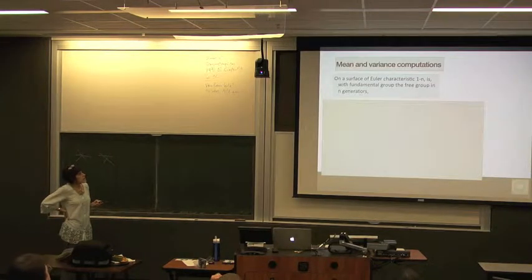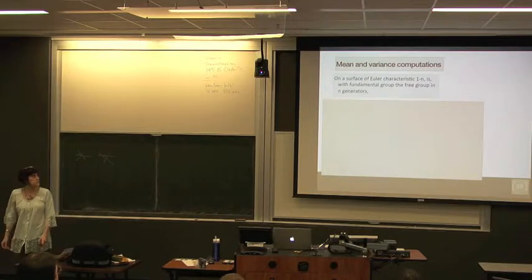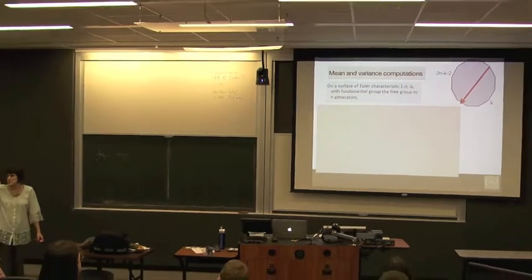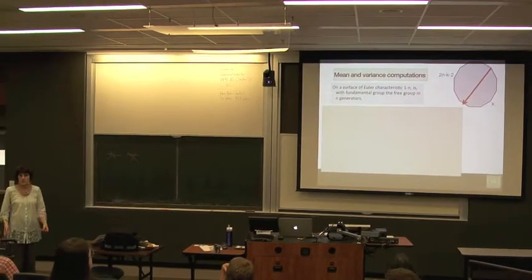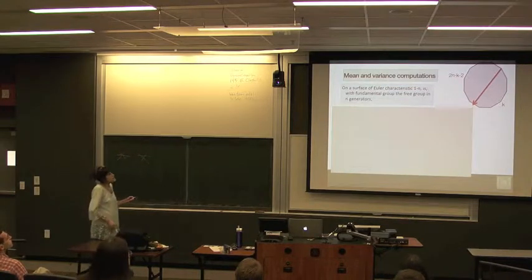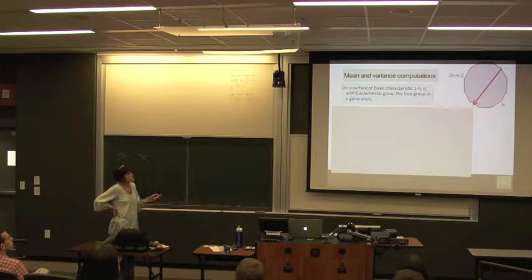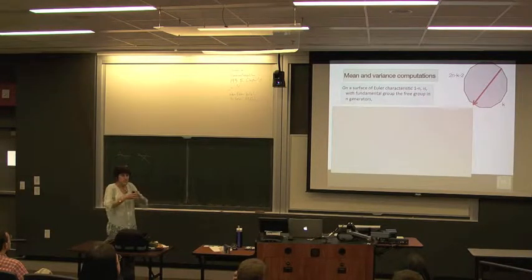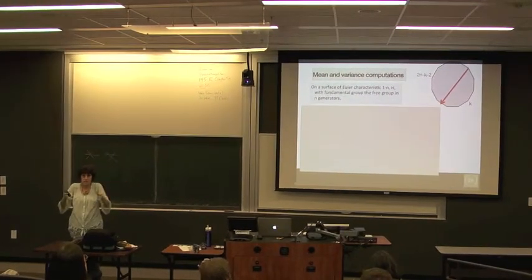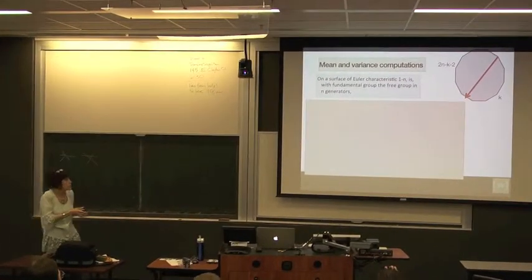So now, why do we have this mean and this variance? This is a glimpse of the idea of why we get this constant multiplying L squared for the mean and the variance. My curve is made of pieces like this, and if my Euler characteristic is n, this is a 4n-gon, because half the edges are labeled and half are not. The labeled edges are the ones that I glue.